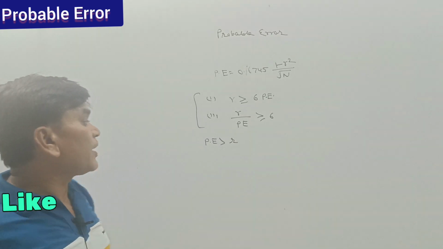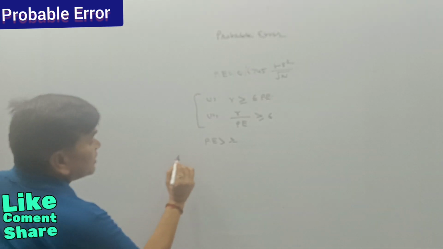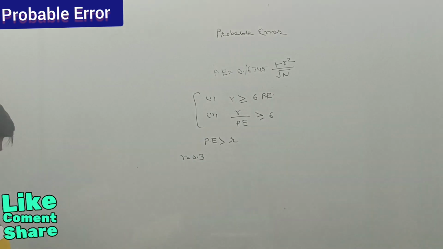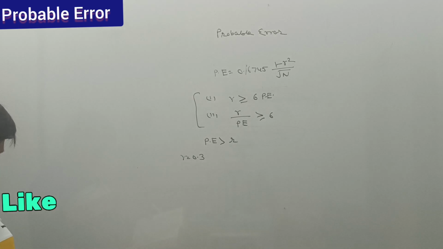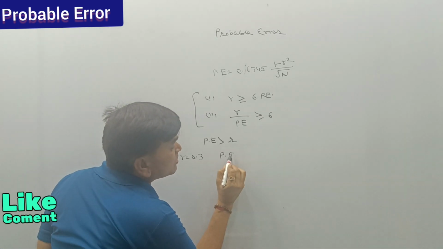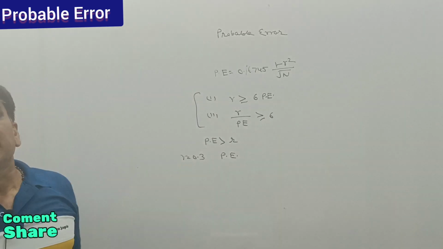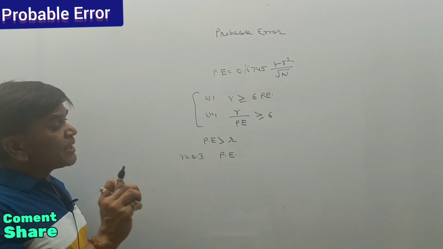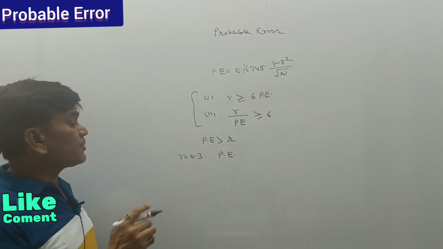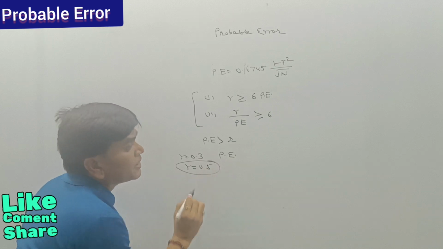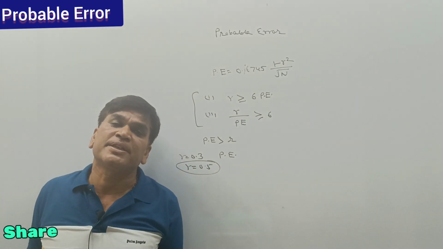Second, if the value of R is 0.3 and the PE value is also small, then we will say there is no significance of the correlation. For significance of correlation, R should be greater than 0.5, then we will say there is significance of the correlation.